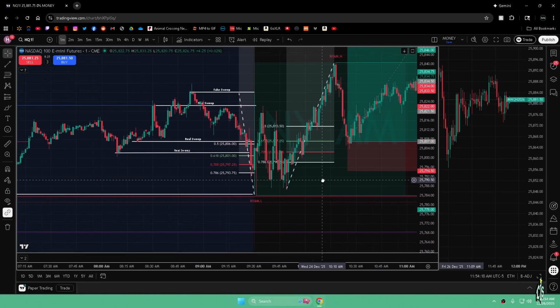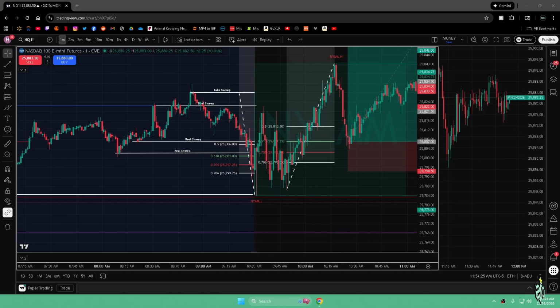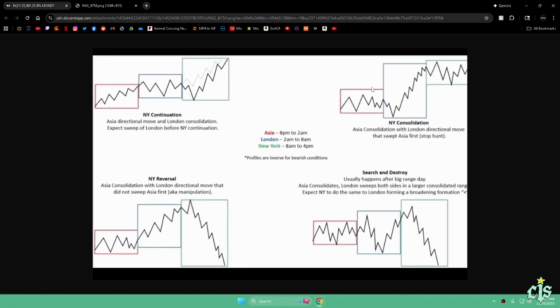Now, I'm gonna tell you this. This is a New York continuation profile. The reason it doesn't look like that is because it is consolidation slash chop. But if you look at this image, all right. So we have this continuation, right?